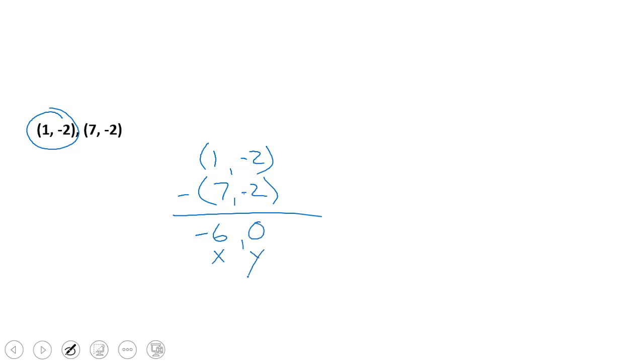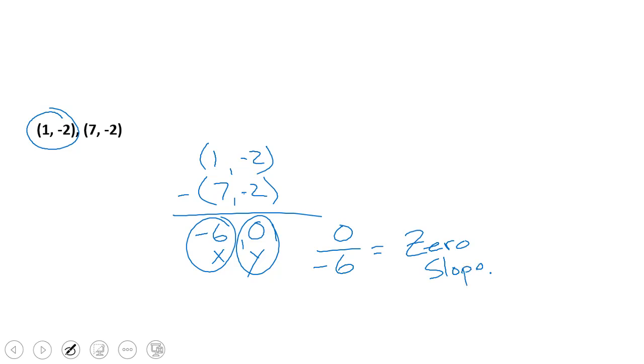My change in y is 0 over my change in x, -6. I have a 0 in the numerator, and 0 divided by -6 is 0. So we have a 0 slope. What happens when we have a 0 slope? Hey, we know it doesn't rise from left to right. We know it doesn't fall from left to right. In fact, we know it's a horizontal line.